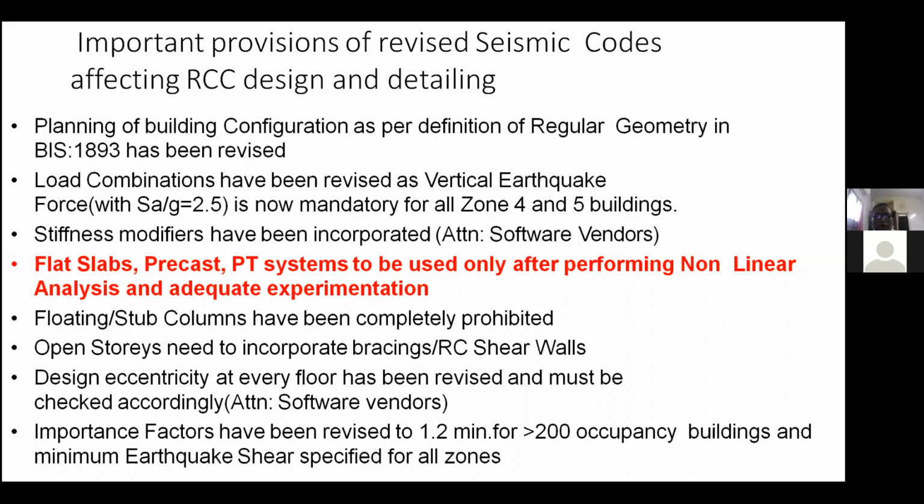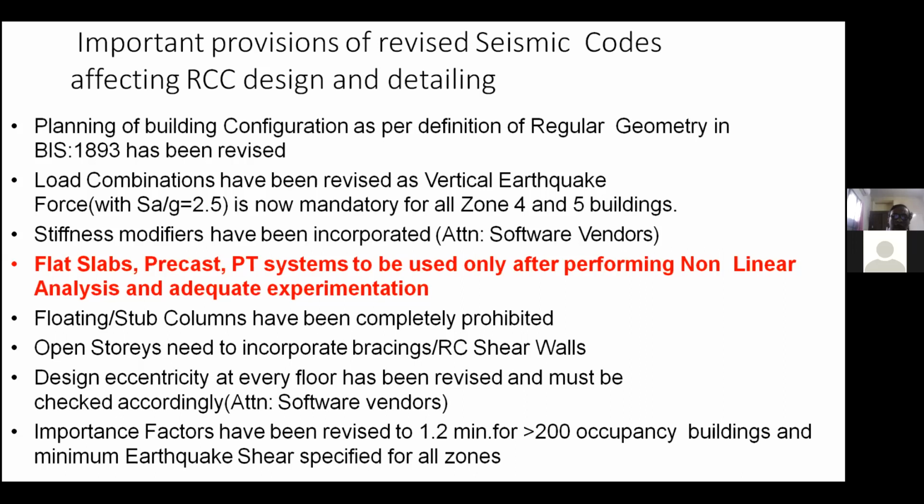But whenever you want to follow 13920, the code says that for the higher percentage of reinforcement, even Fe500 can be used only if the elongation percentage meets the requirement. Otherwise, 13920 does not permit use of that bar. So you have to be very careful on that.